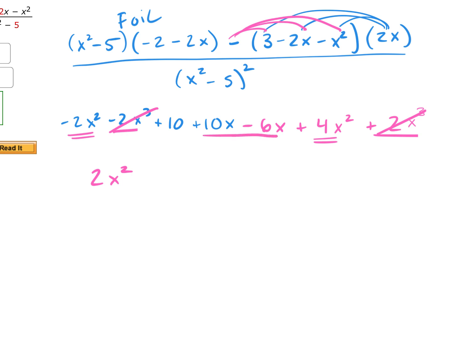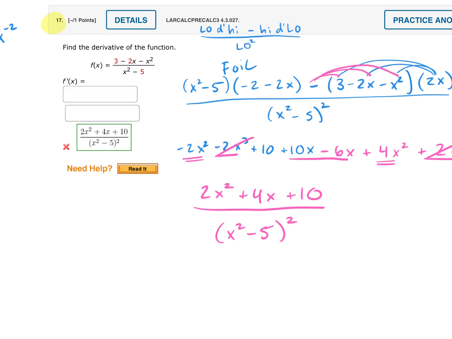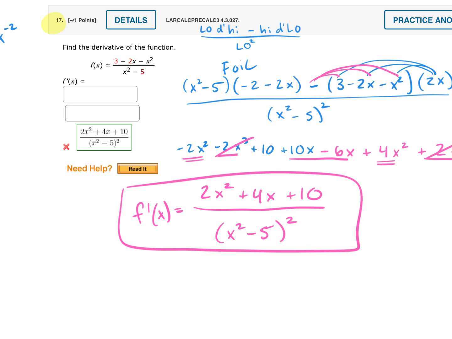And our x's would be plus 4x plus 10 over x squared minus 5 squared. So this would be our derivative. You don't have to expand the bottom. You could if you want, but don't waste your time doing it. Just leave it as your binomial squared.